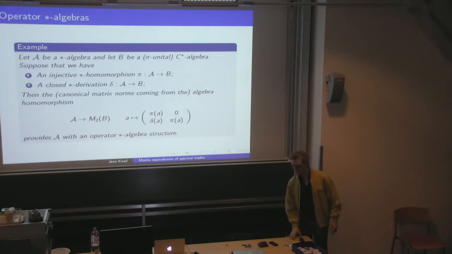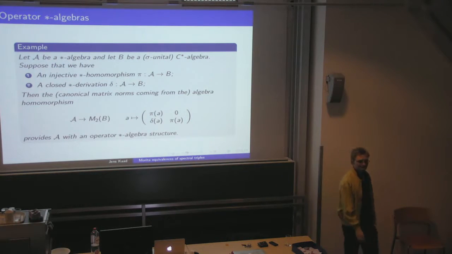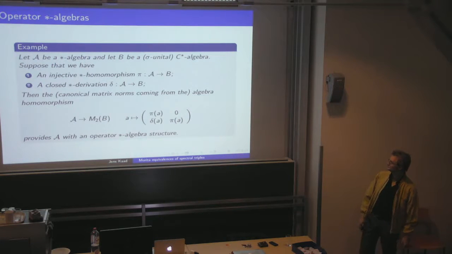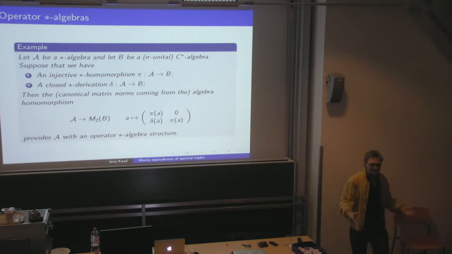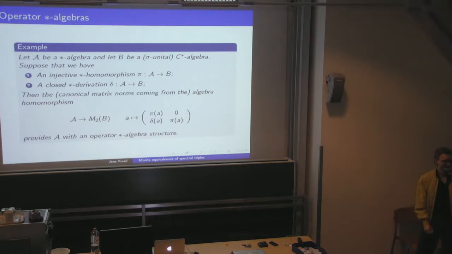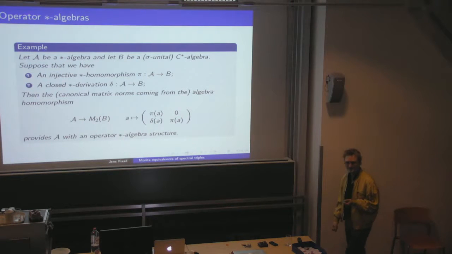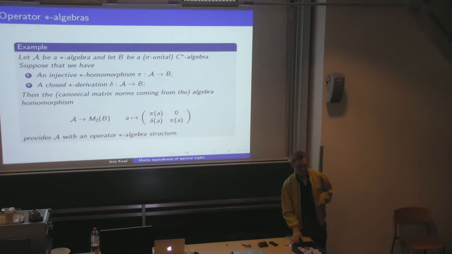Yeah, it's also relative to pi. But this map here from A to the 2x2 matrices over B, A is already closed in that norm. This you can check.